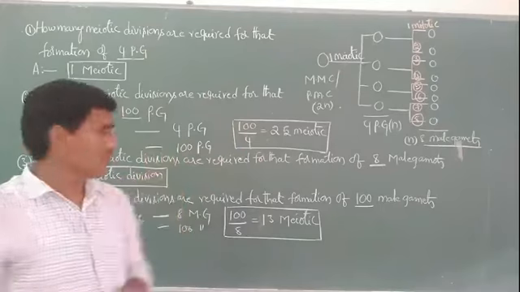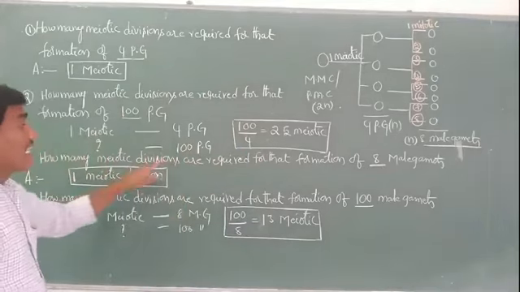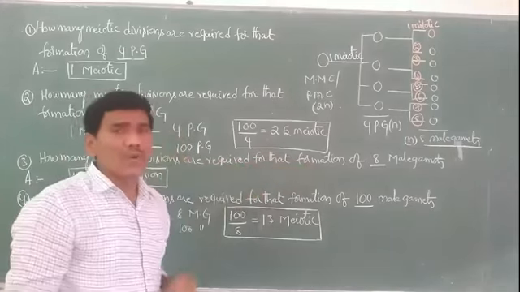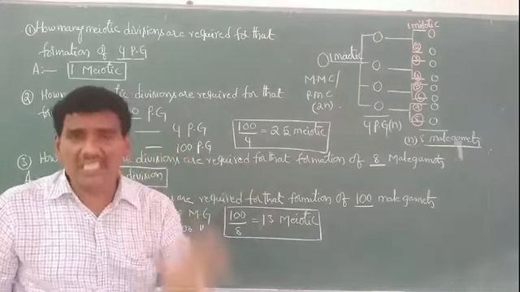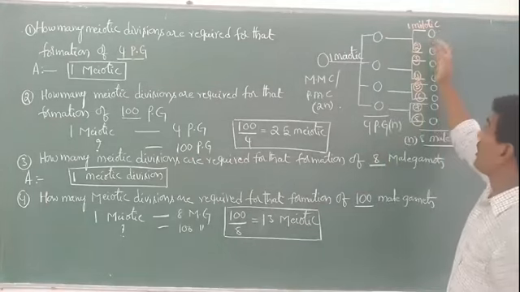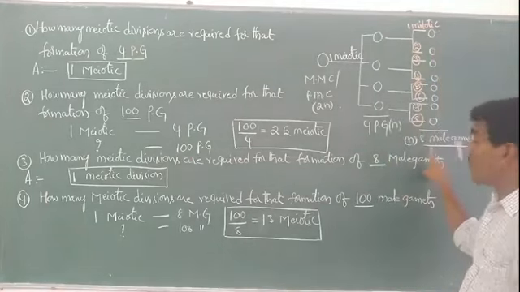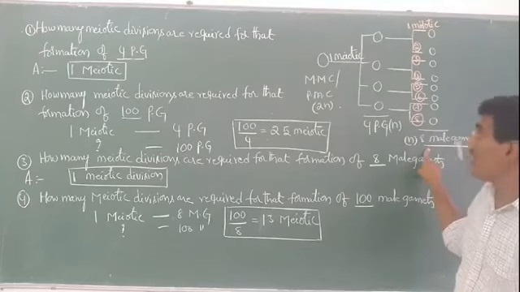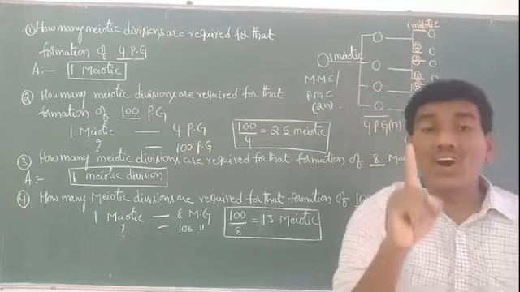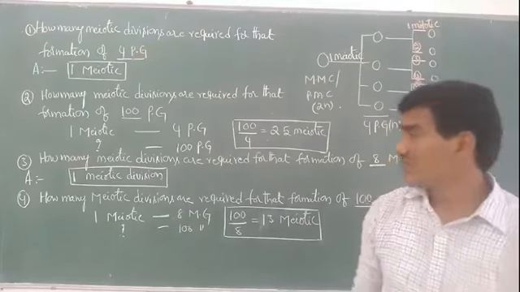Third one: how many meiotic divisions are required for the formation of 8 male gametes? In the flow chart, for the formation of 8 male gametes, 1 meiotic division is required.